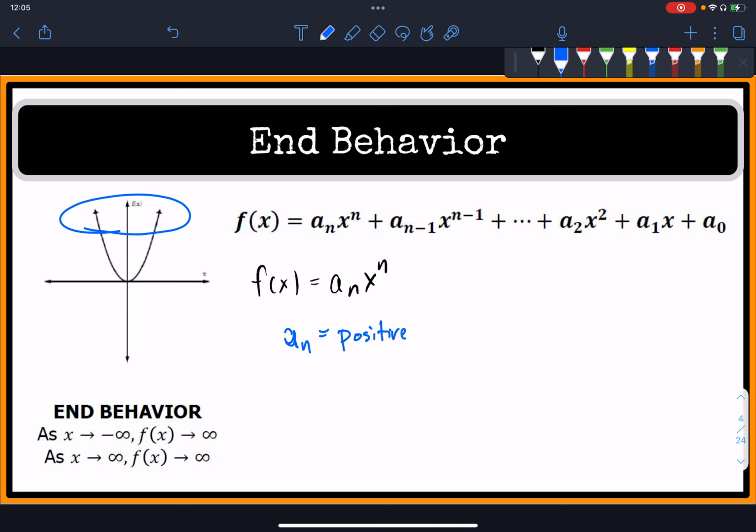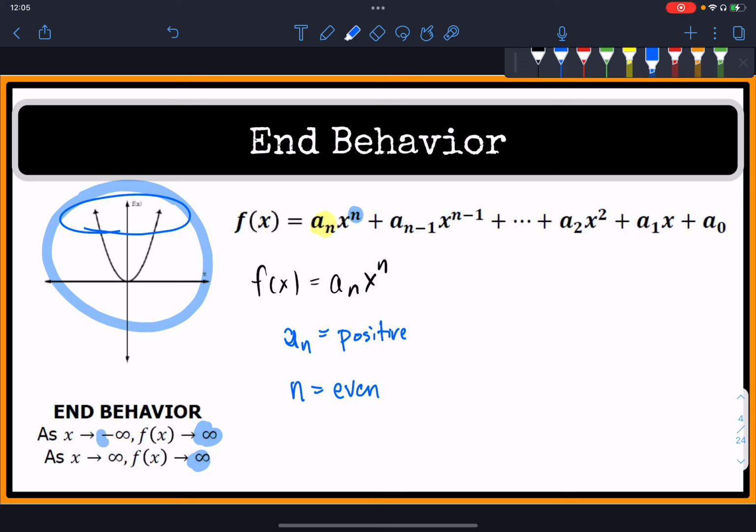Again, fraction, decimal, rational, irrational, but it just has to be positive. And our exponent n has to be an even value. So as long as this value is positive and this exponent is even, it's going to behave like this power function, where the end behaviors are both pointing upwards as we make x really, really small, a negative number, and x a very large positive number.